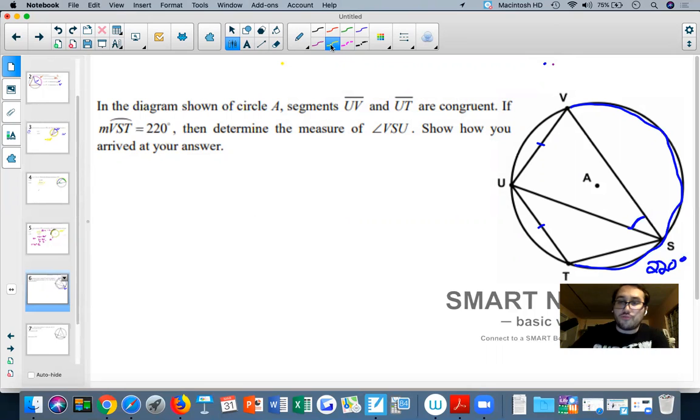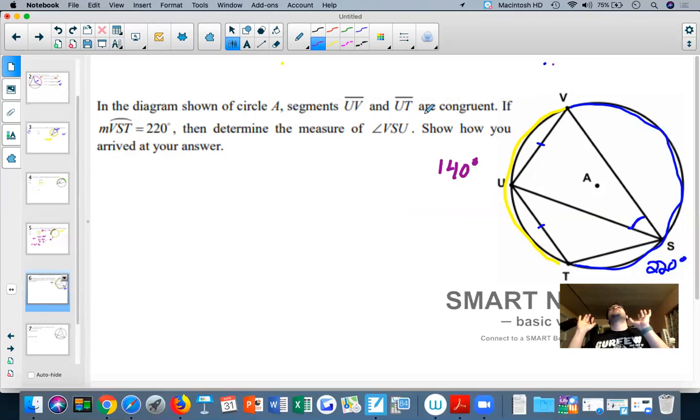I could figure out the remaining piece, so that's arc VUT, by subtracting that from 360, right? If a full circle is 360, I subtract 220, or in other words, I subtract that blue piece away, I get the yellow piece. So we're going to do 360 minus 220, and we get 140. So this yellow piece is 140 degrees.